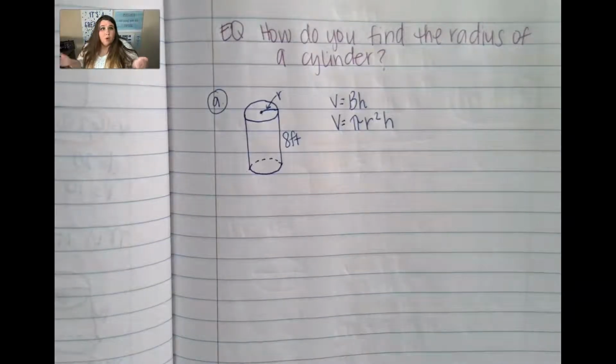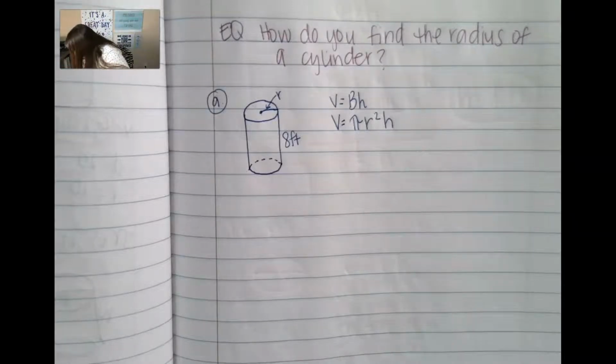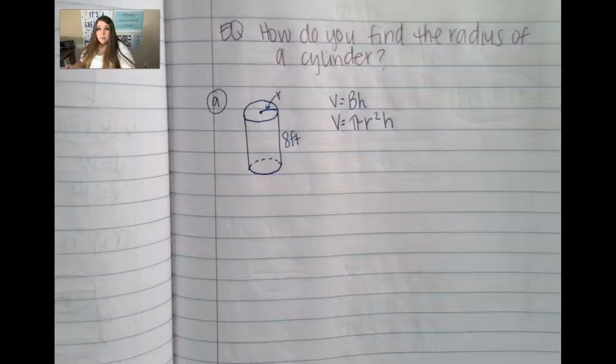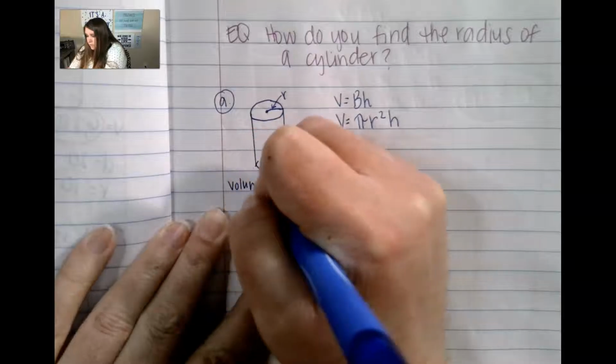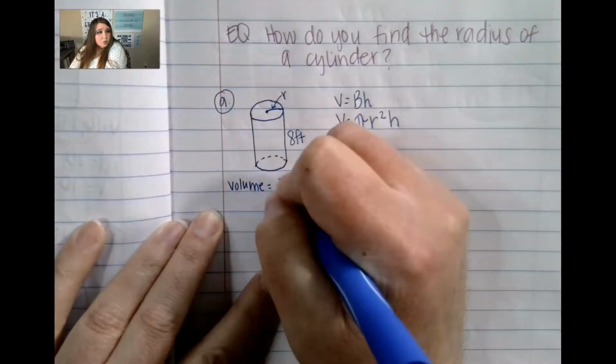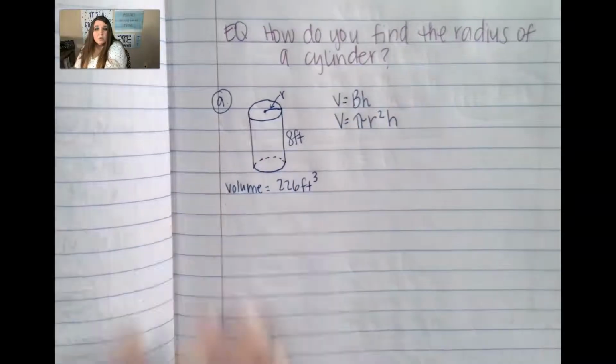So we don't know what r is. That is our job. Our job is going to be to isolate or move things around so that we can solve for r. So let's plug in what we do know. They also told us that the volume of this cylinder is 226 feet cubed.